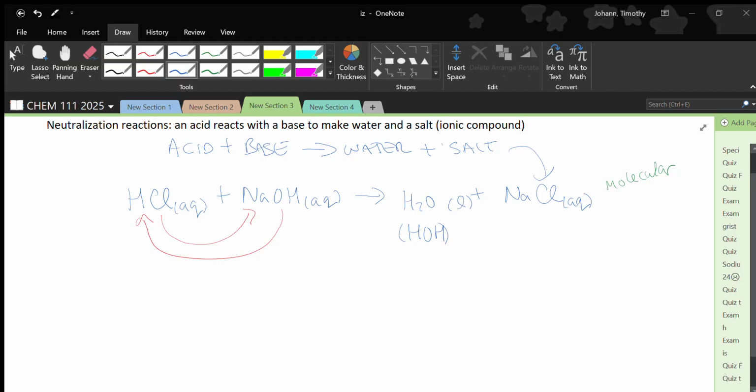So good question. Remember, when you break them up, you label each ion as aqueous. If it's aqueous, you break them up, and you label each ion as such.